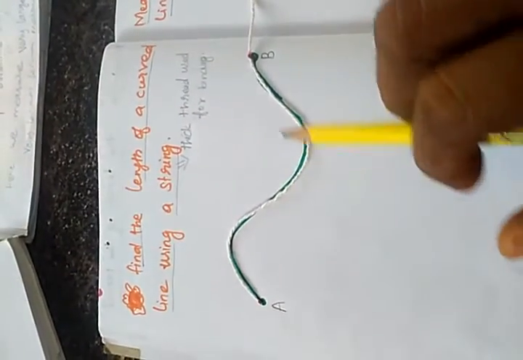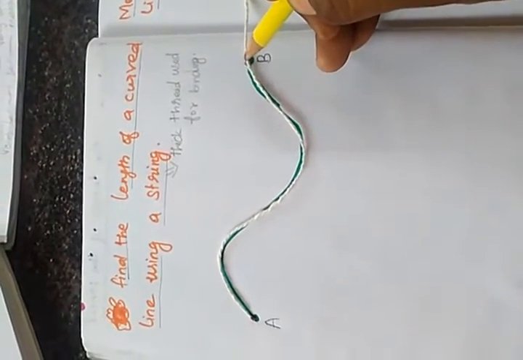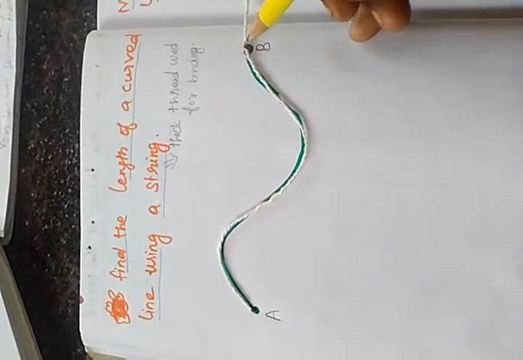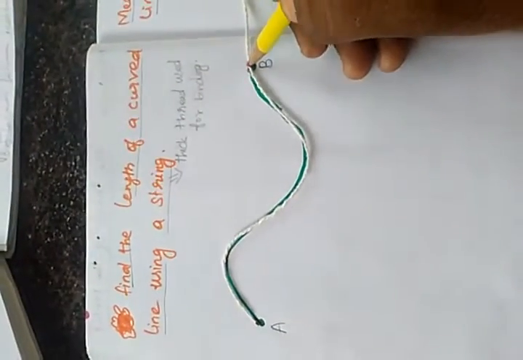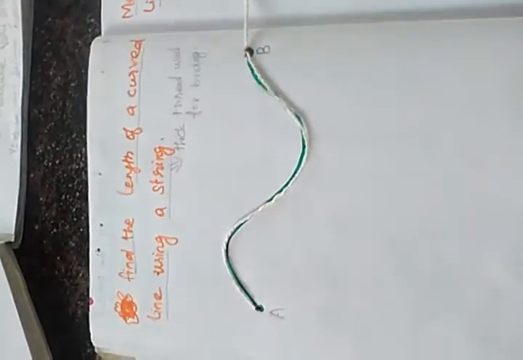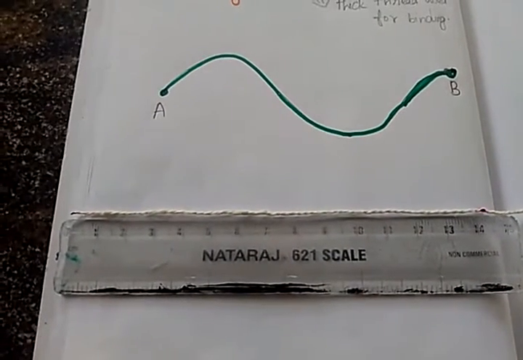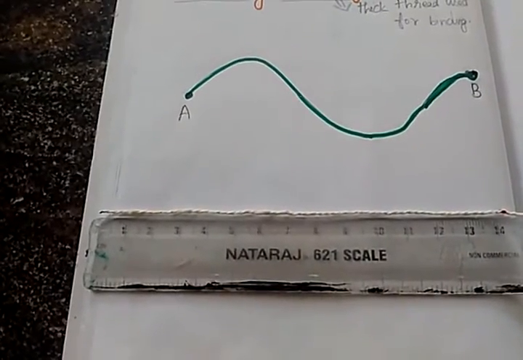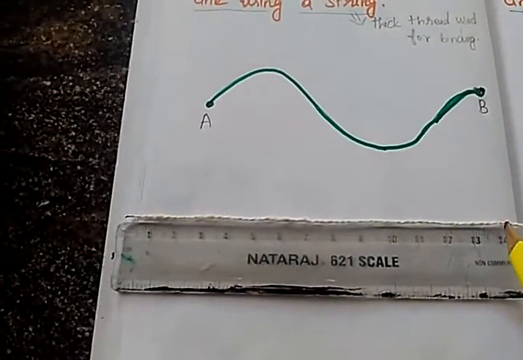Then mark the points where the curved line begins and ends on the string, the starting point and the ending point. Now we stretch the string along the length of the meter scale.